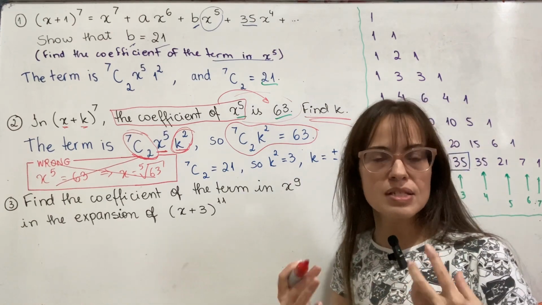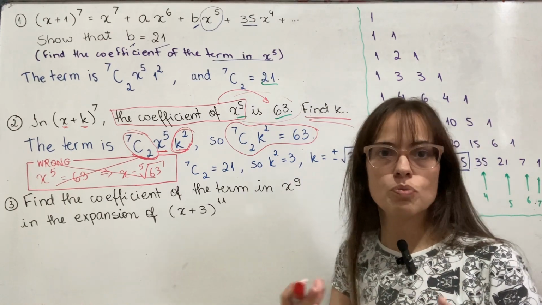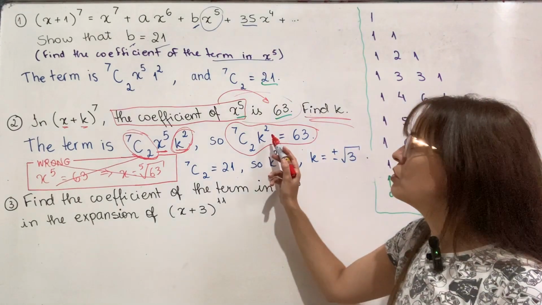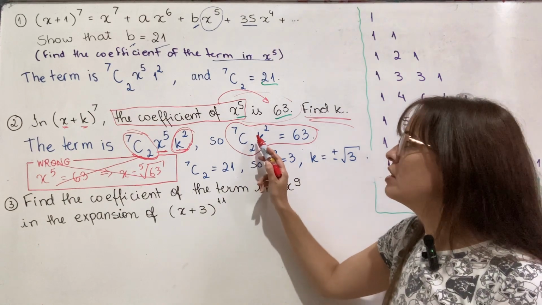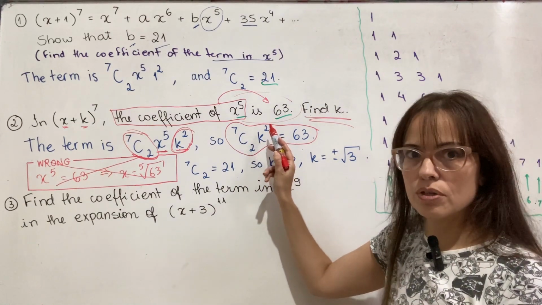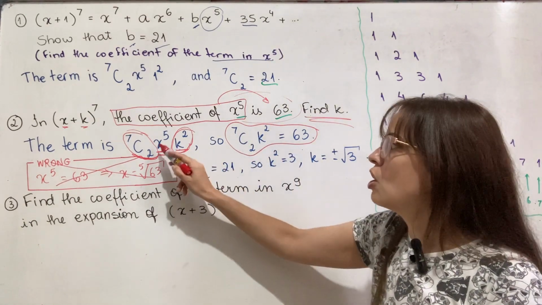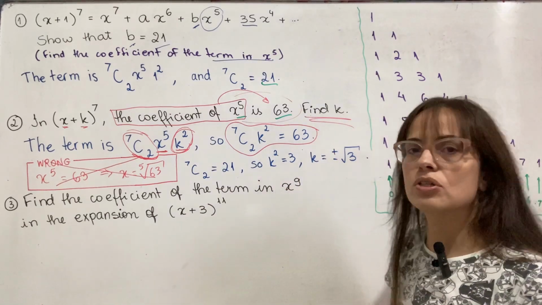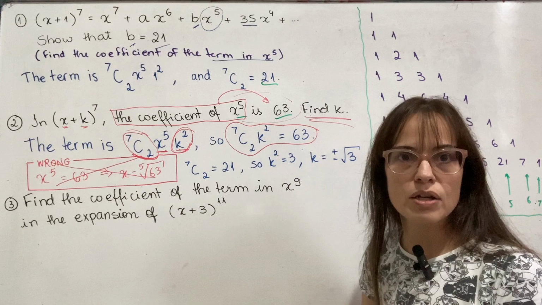So everything that is a number multiplying x is going to become a coefficient, which in this case is 7 choose 2 times k squared. That is the whole coefficient of that term, and that is 63. So then you solve the equation, and k needs to be plus or minus root 3.